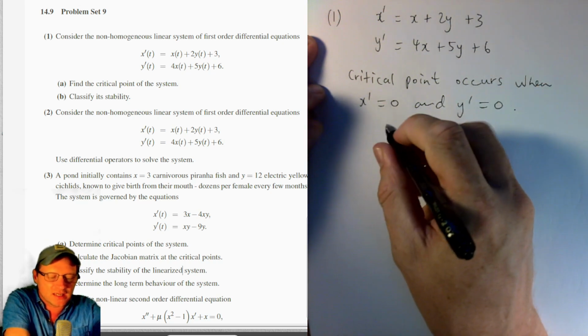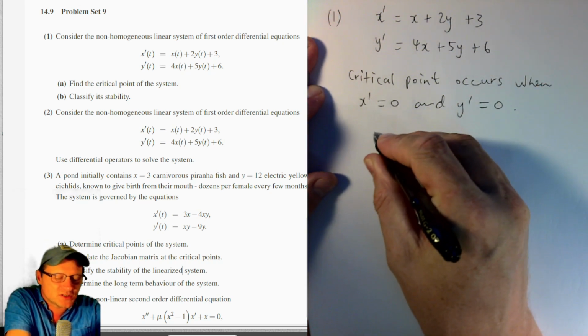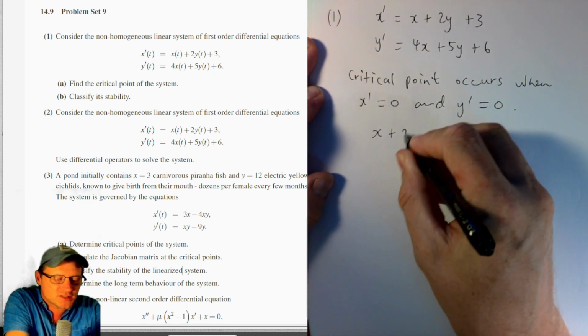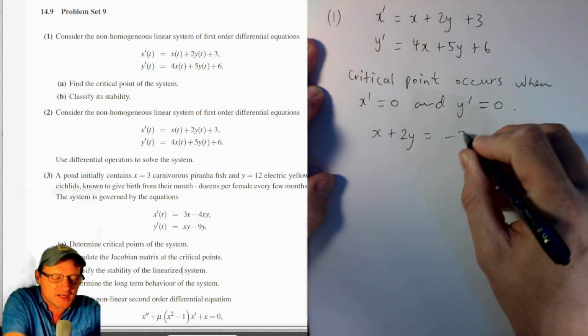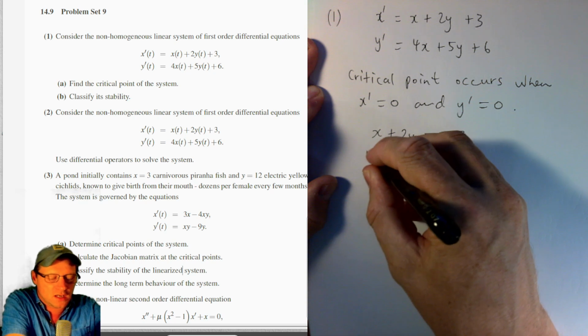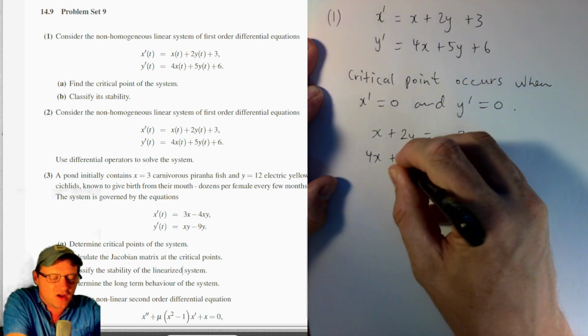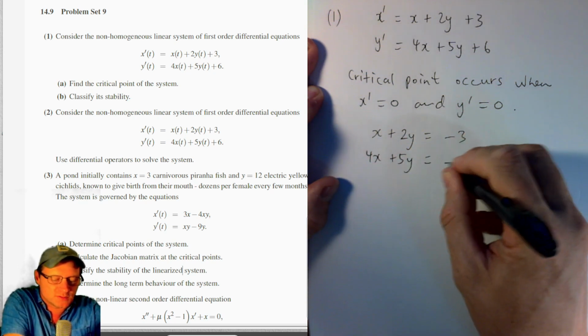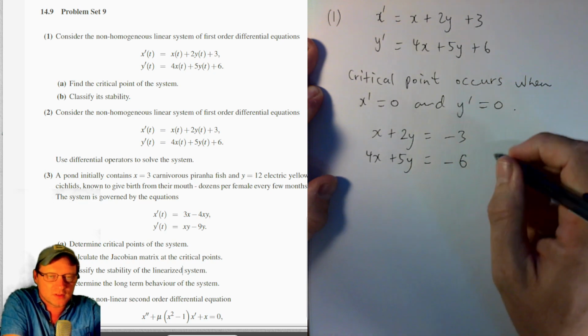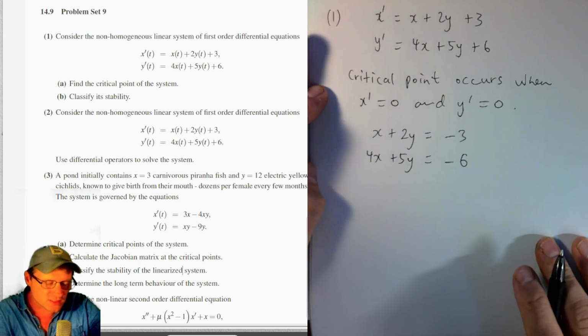And so we can see that this corresponds to x + 2y = -3 and 4x + 5y = -6. Okay, and so we can solve this.